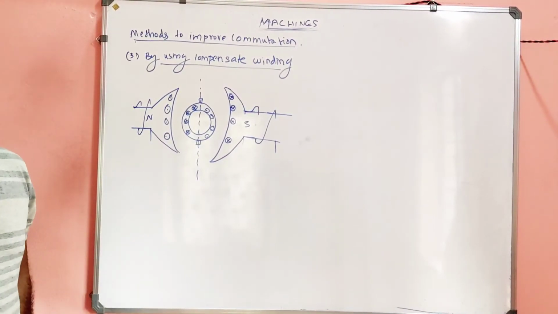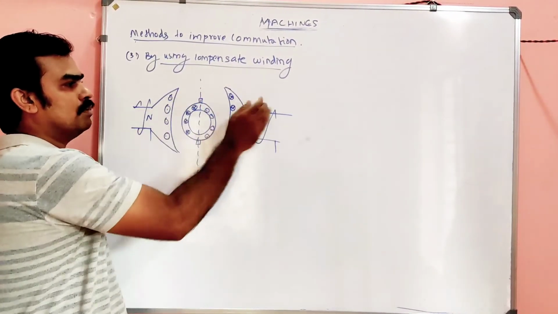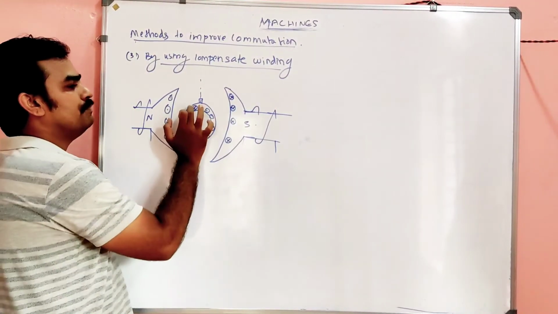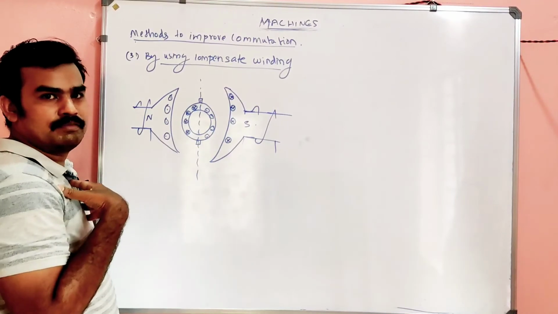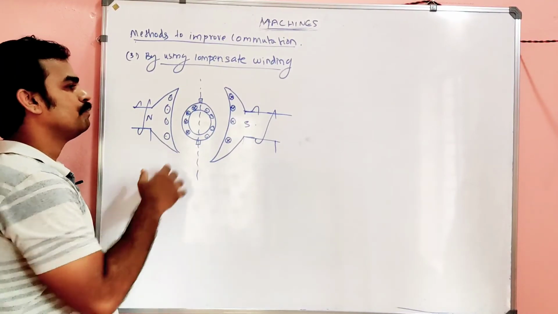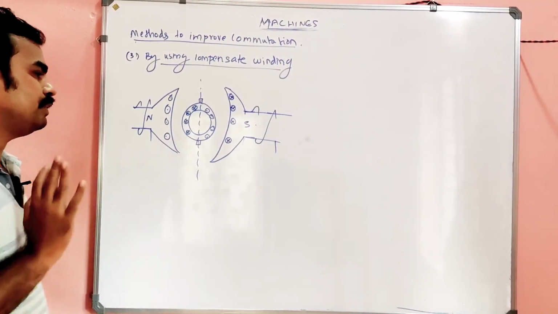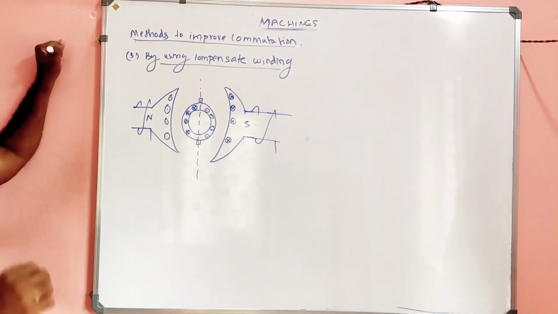The armature reaction, correct? If this is not there, the flux will be smooth and there will be a fine output. But if it is there, we face the problem of armature reaction. So we have to eliminate this effect, correct?